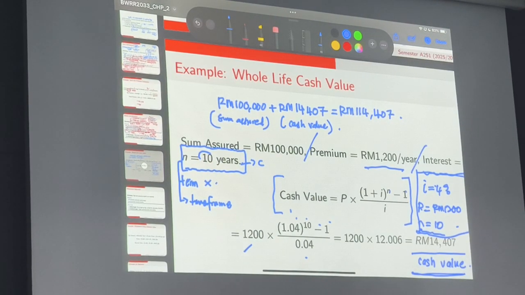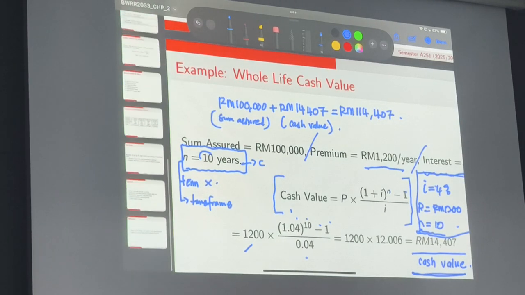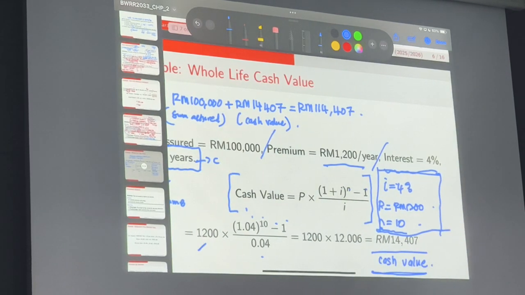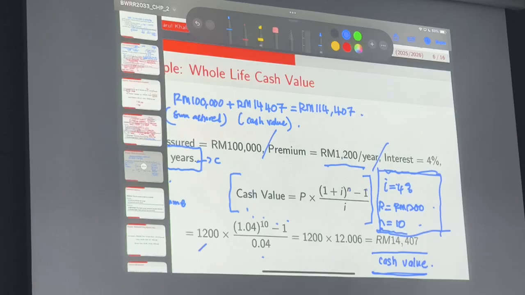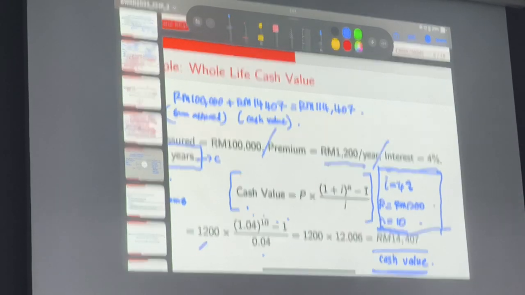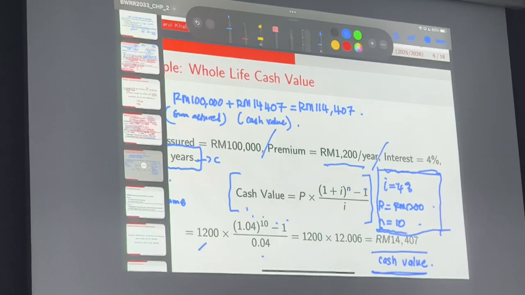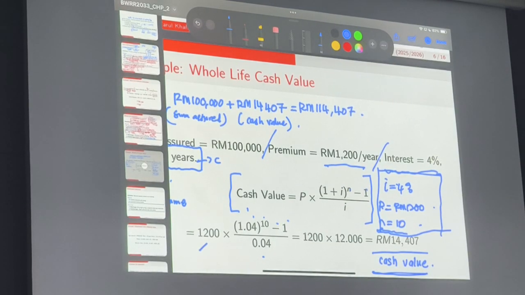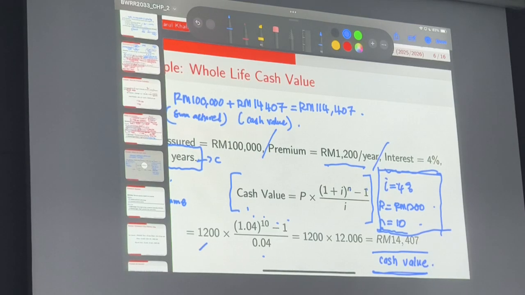Okay, this is very straightforward. One more thing to take note of is that in order to calculate cash value here, you must have the yearly premium, not monthly.